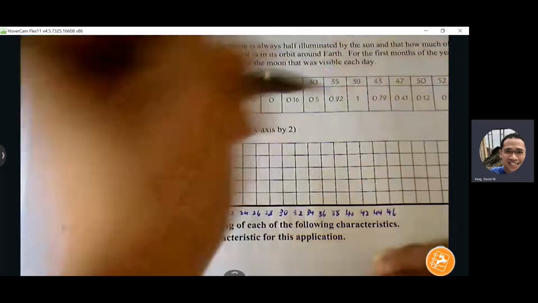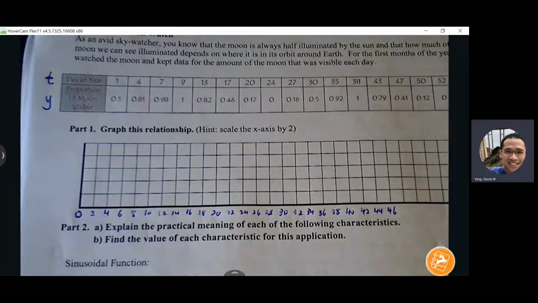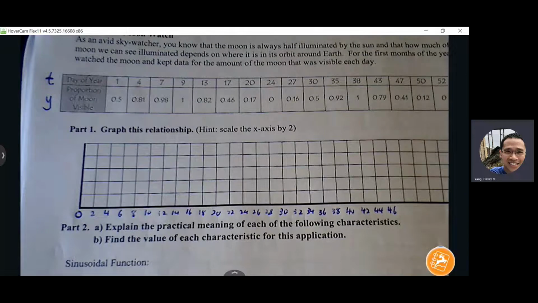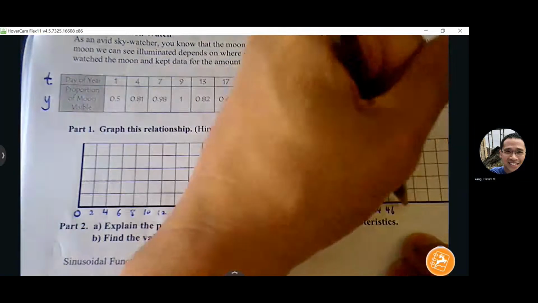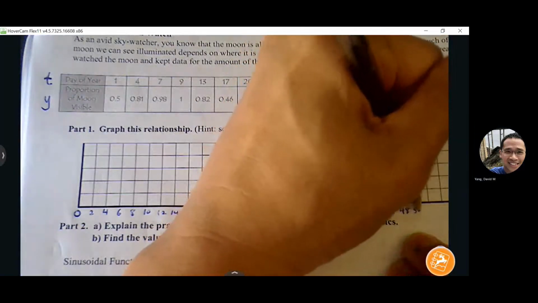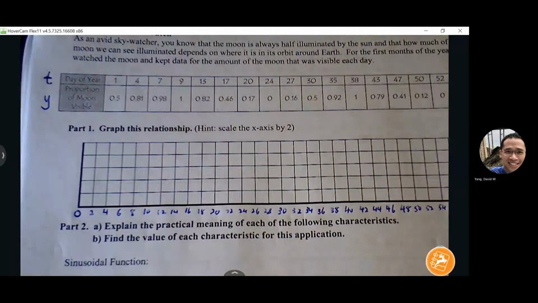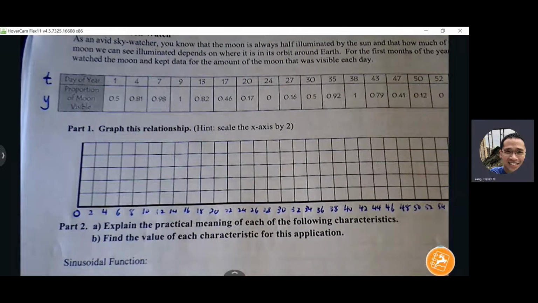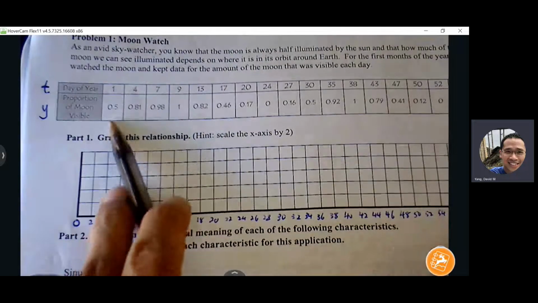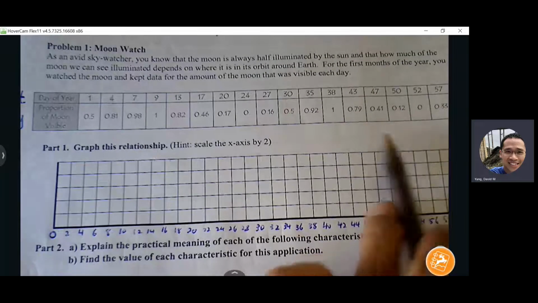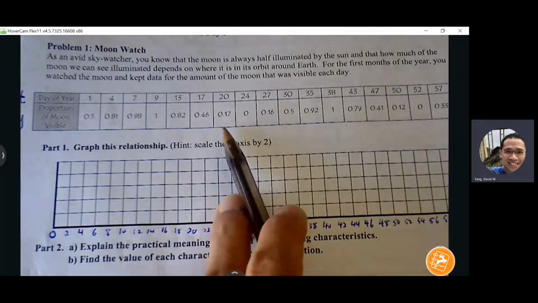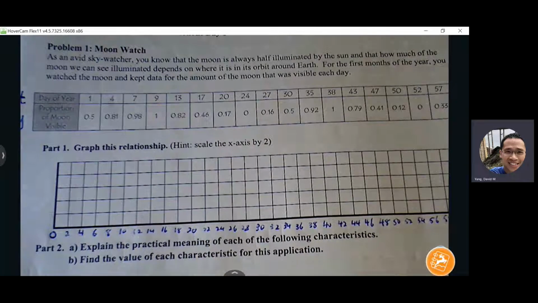And we're going to see that when we graph these points and this function, it should resemble either a sine or cosine. Then for the y-axis, the lowest y value is 0, and the highest y value is close to 1. So I'm just going to go up by 2.